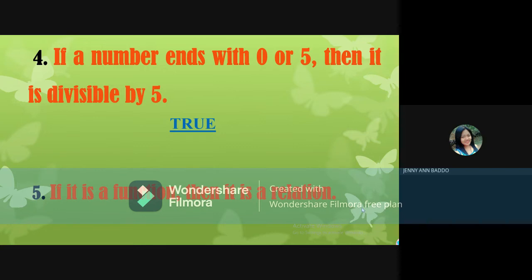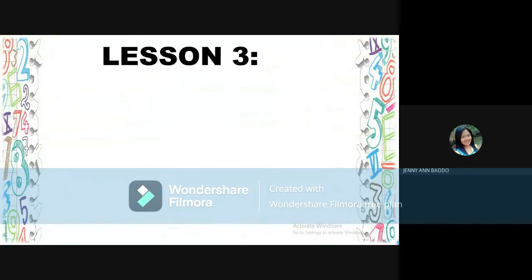Can you still remember the difference between a function and a relation? Okay, since a function is a special type of relation, this statement is true because all functions are relations, but not all relations are functions. So that's all about the truth value of an if-then statement.